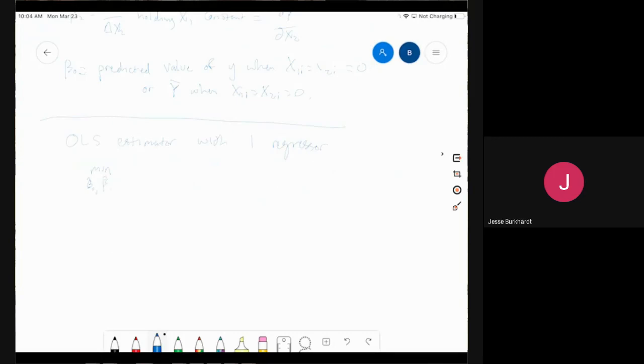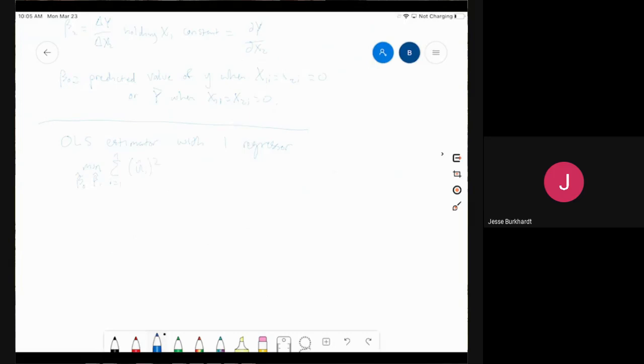We're going to minimize our function, which was the sum from i equals 1 to n of the u hat i squared.